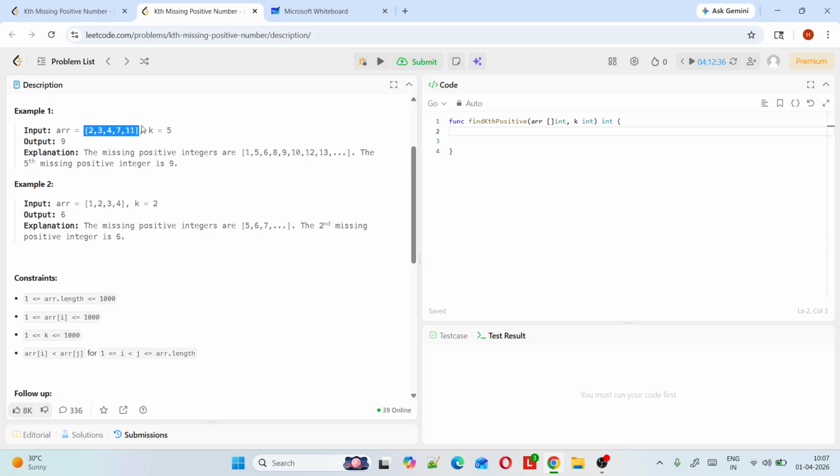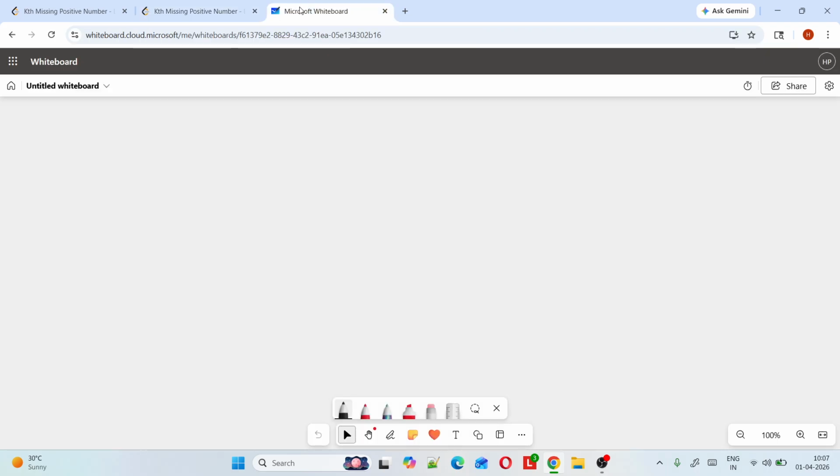I am considering the same example that was mentioned here. So array equals 2, 3, 4, 7, 11 and given k equals 5. That means you have to return the fifth missing number. Before that, what are positive numbers?